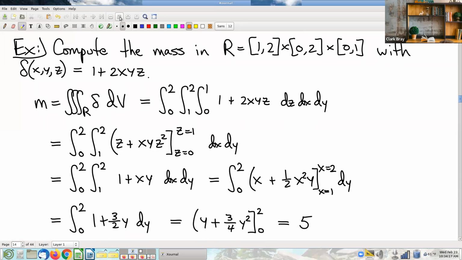So let's do the process again. It's just single variable calculus with a couple of asterisks. Do keep in mind, of course, you have to go inside out. So we start with that inside integral, where x and y have already been fixed.